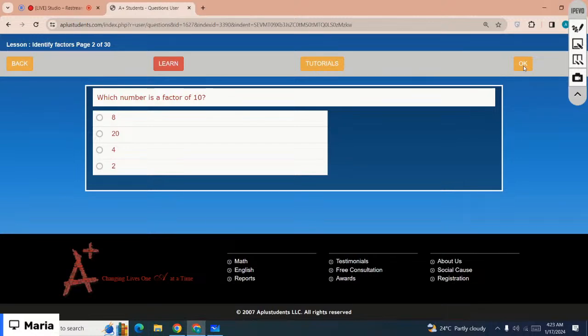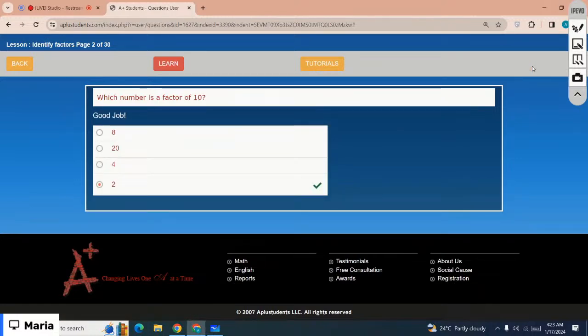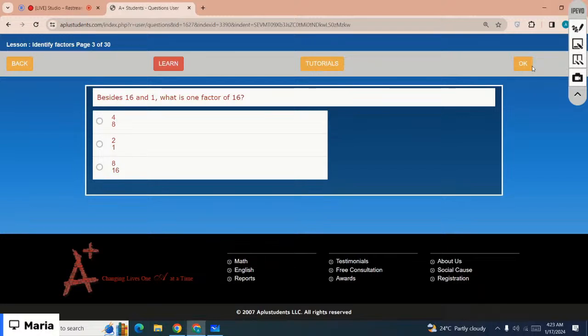Which numbers are factors of 10? Which is the correct option? Yes, 2 is a factor of 10, right? That means 2 can completely divide the 10, right?